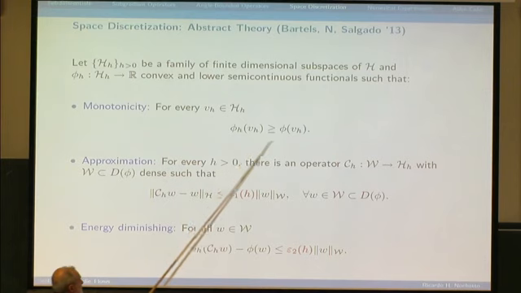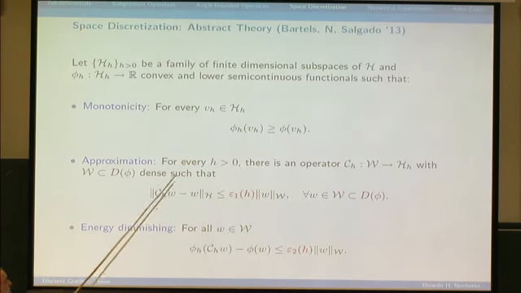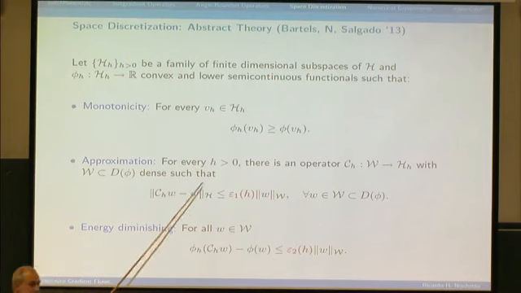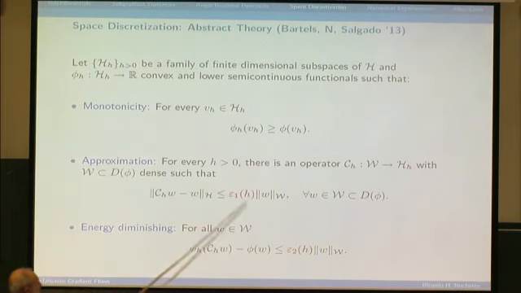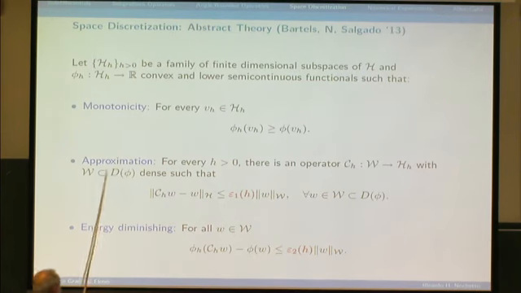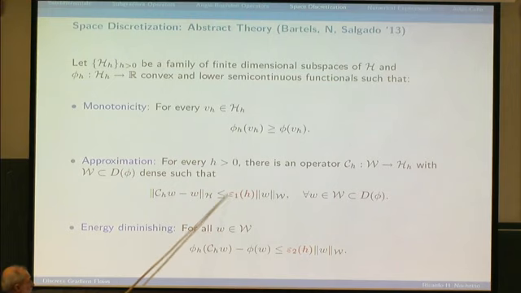A monotonicity assumption, which is written here for every element in the discrete space. An approximation assumption. So given a space containing the domain of the operator, densely containing a space of smoother functions, think of C infinity functions, then we can approximate any element in this space by a discrete object, Clement type, that's why they call it C sub h. This is a discrete object with some rate of convergence epsilon 1.